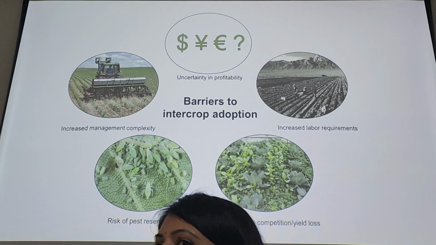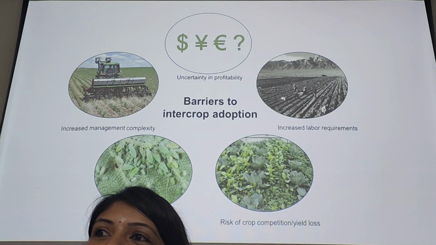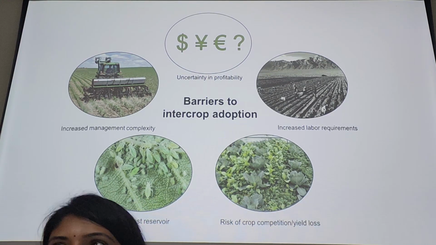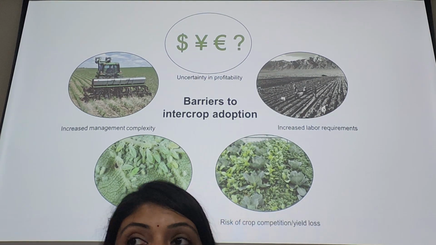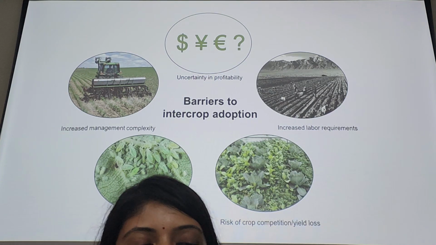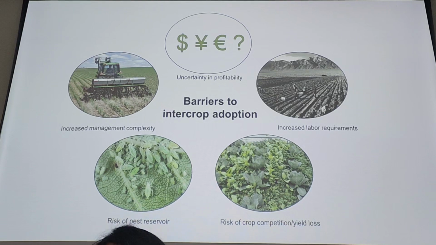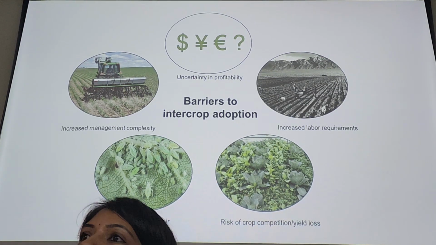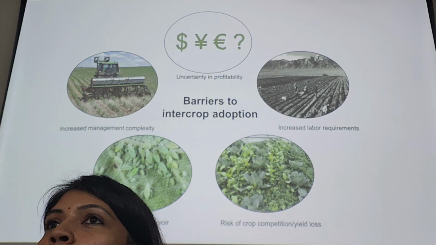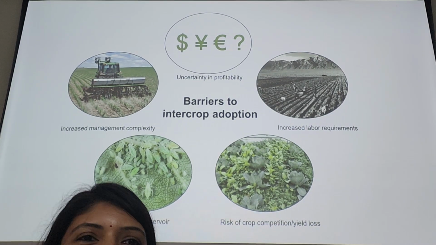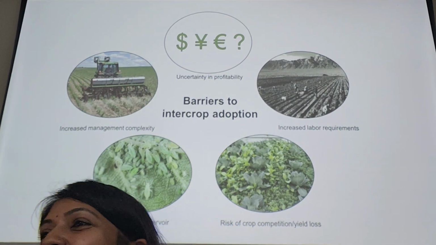Now we look into the barriers to intercrop adoption. Why do farmers usually think a lot when they want to intercrop? First of all, there is uncertainty in profitability, because when we put two crops together, we are not sure how each crop will react to each other.